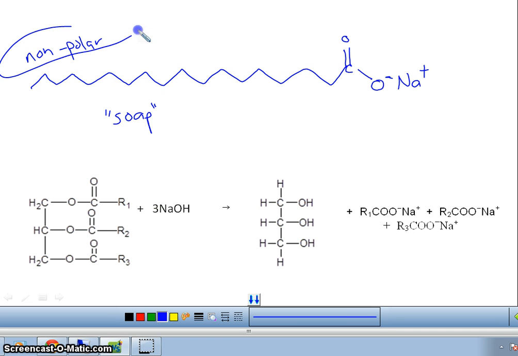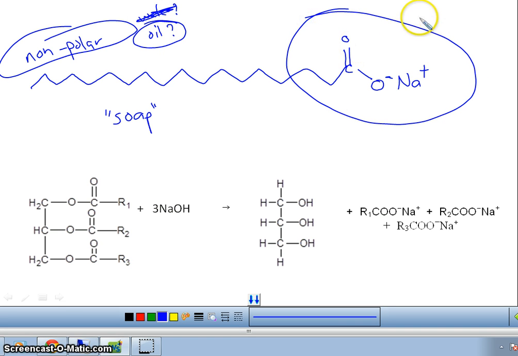Now is this going to dissolve in water, or is it going to dissolve in oily, greasy stuff? Yeah, it's going to dissolve in oily, greasy stuff, not in water, because water is polar. However, this end here, do you think this end is polar or non-polar? It's polar, and this means this end here will dissolve in water.